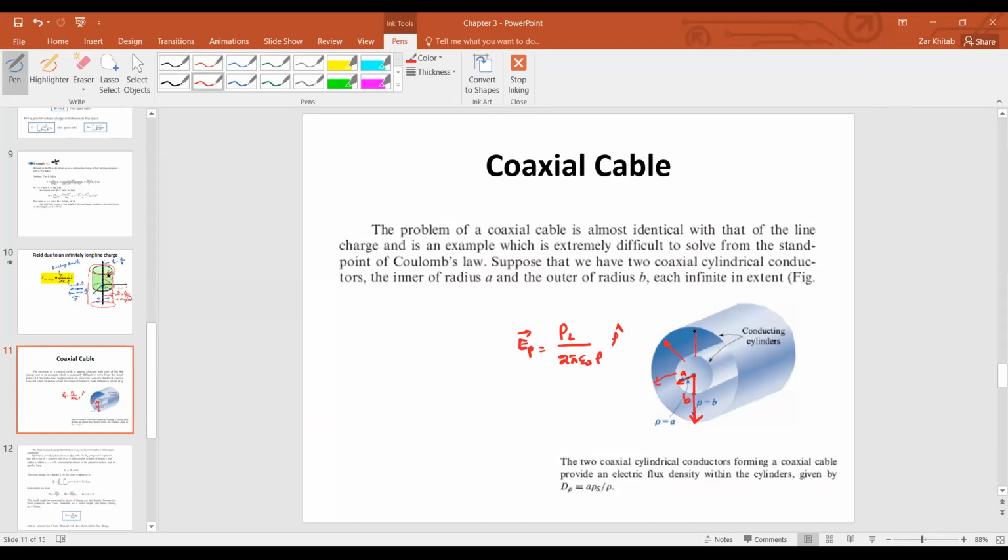The electric field will be perpendicular to the inner wire at every point, and it will decay with rho. Okay, and rho lies between a and b, so rho is less than b and greater than a.